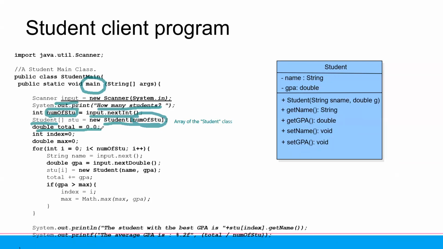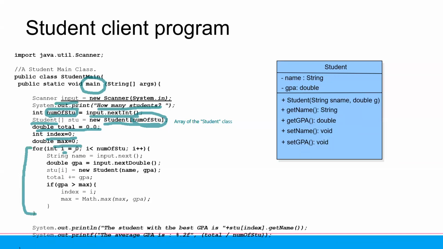And then I will create a variable total, which is a double. And then I create a variable index, and then a variable maximum, because I want to check what the maximum is. I need to know the index of each student, because I need to return the student who gets the maximum GPA.